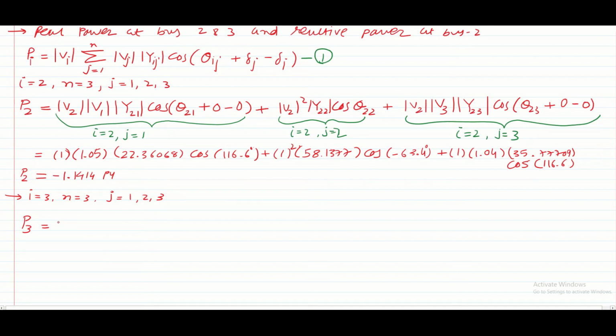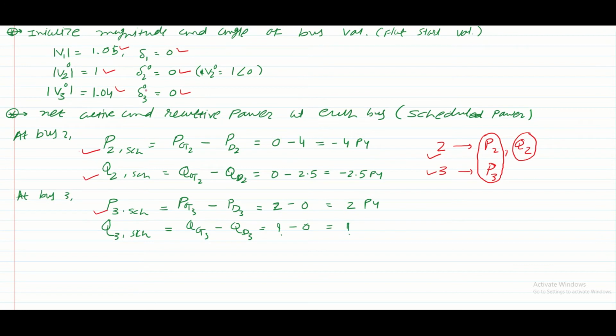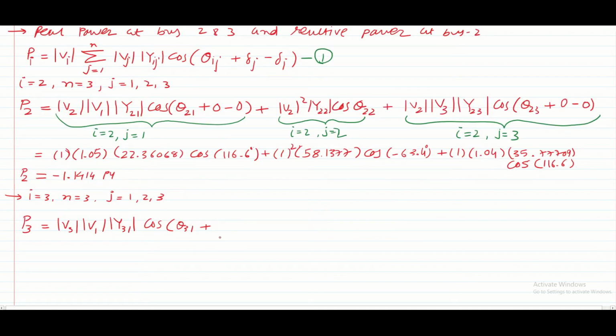The equation will remain the same, we just need to place I equal to 3. So here it is V3, V1, Y31, cos of theta 31 plus the delta values, which are all 0, so 0 minus 0.